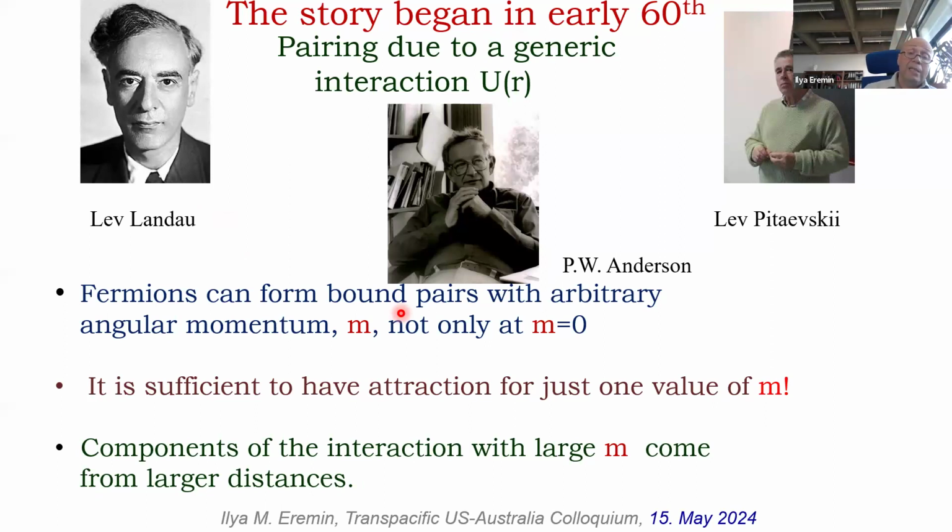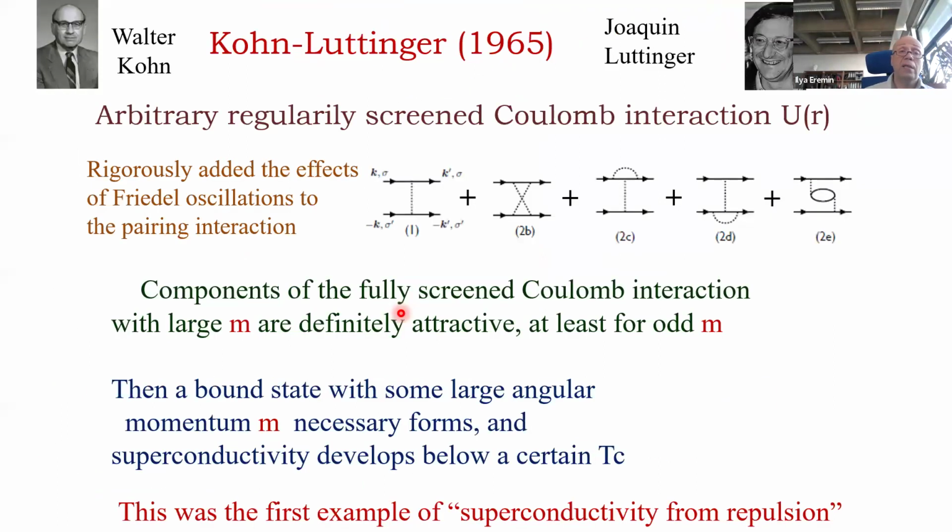Okay, so that was the original idea, and then the first who did it rigorously were Kohn and Luttinger, who in 1965 made the rigorous calculations by basically including the effect of the Friedel oscillations and asked what would be this contribution to the Cooper pairing.